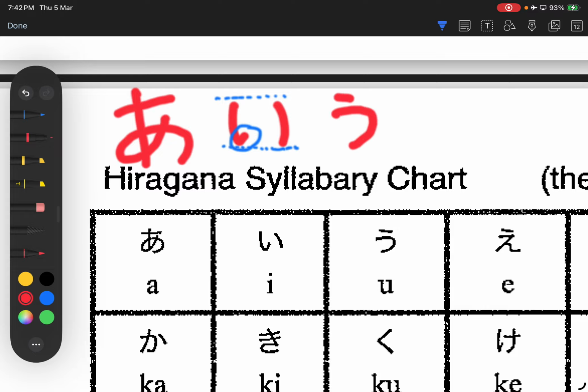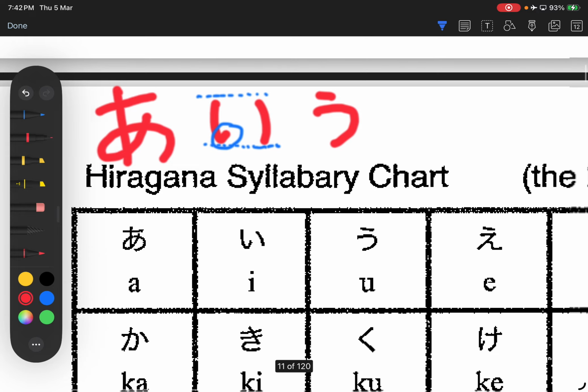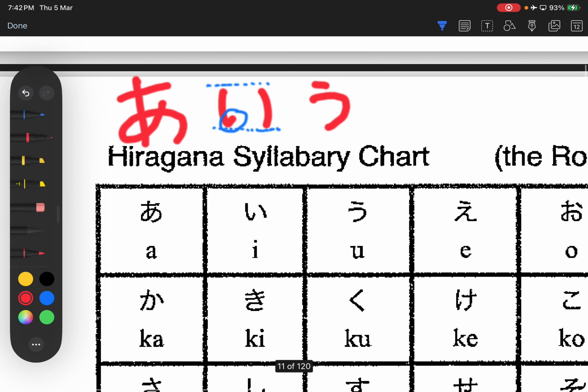Nothing special, just a dot and it looks like a bracket. And then we have "e". For this, it's one dot, one line comes down, go back up, and then come down. So this is "e".